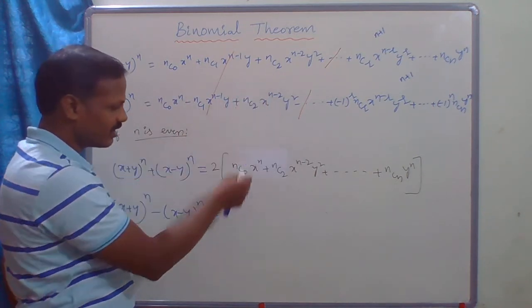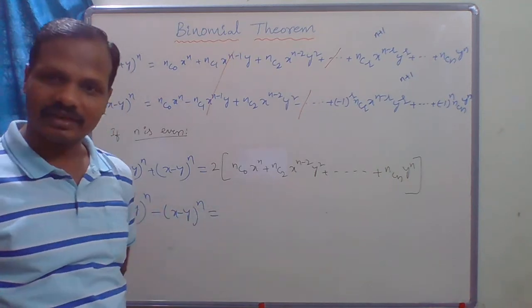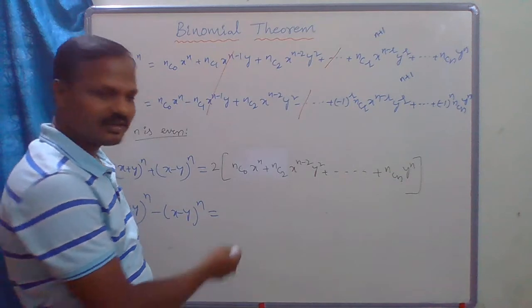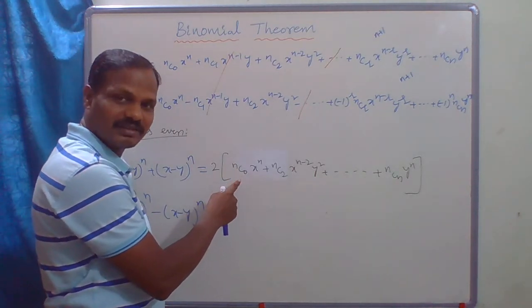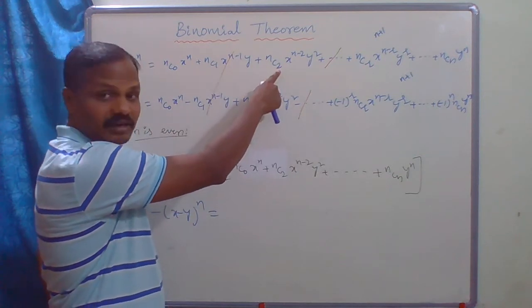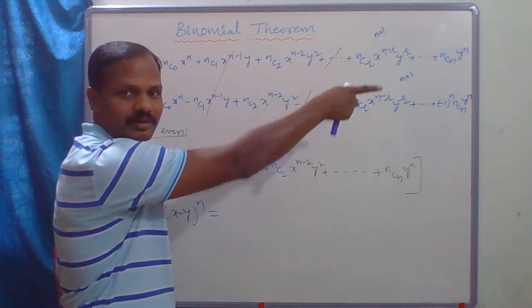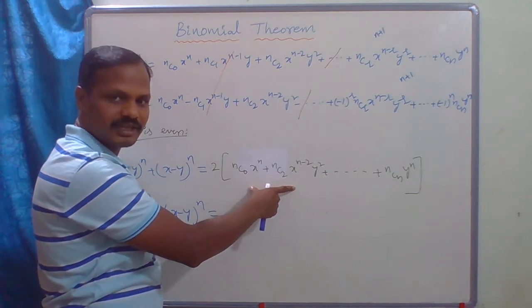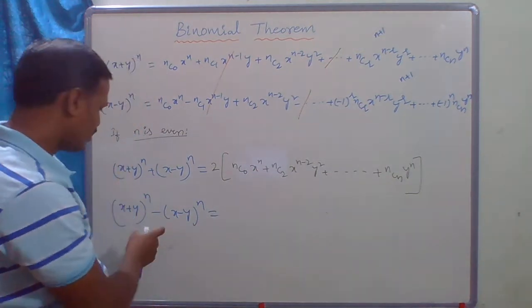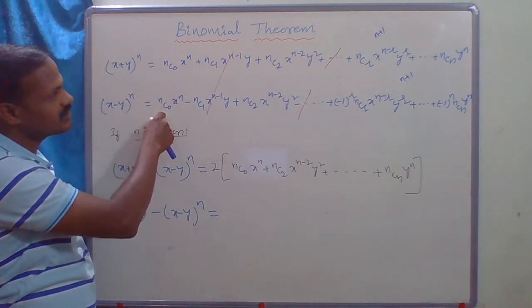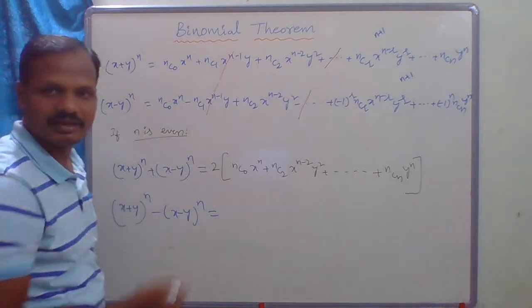Don't be confused. Suffixes are even, suffixes are 0, 2, 4, but the terms are odd terms, because this is the first term, this is the third term, next the fifth term, and so on. If you make subtraction, the odd terms will be cancelled and even terms will be there, yes or no?